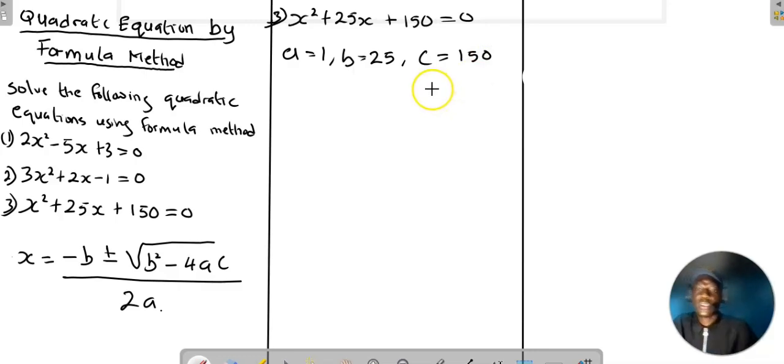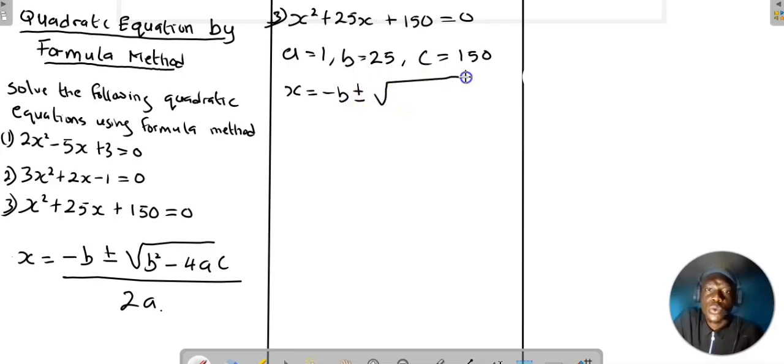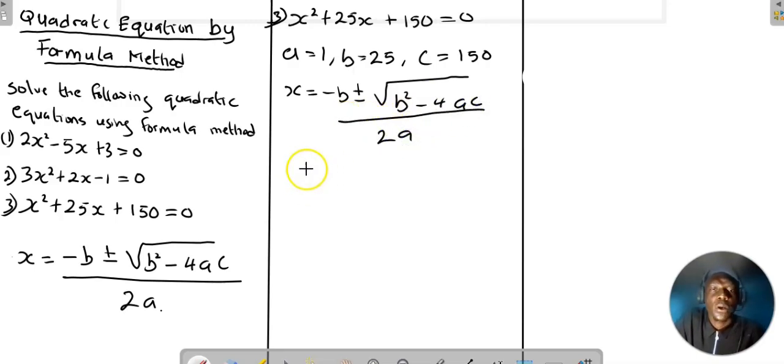So having this, let's get the formula. The formula is x is equal to minus b plus or minus the square root of b squared minus 4ac, all over 2a. So let's substitute these values into the formula.